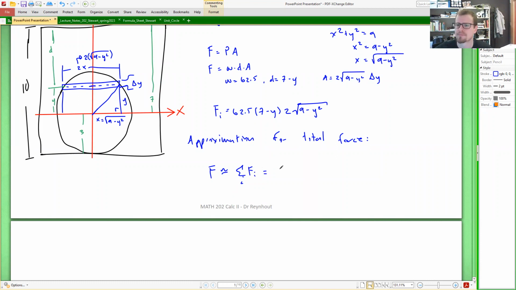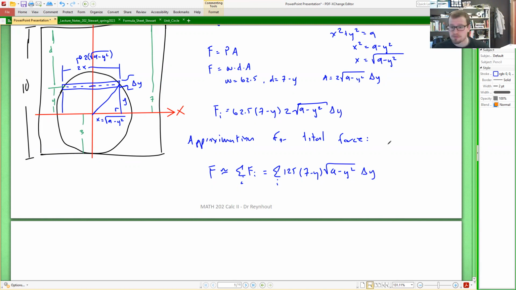So this is the sum over all of the rectangles of 62.5 times 2 is 125 times 7 minus y times the square root of 9 minus y squared. Oh, and I forgot my change in y over here. Don't want to forget that.